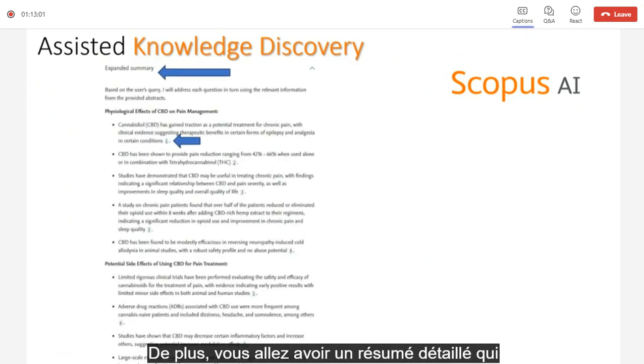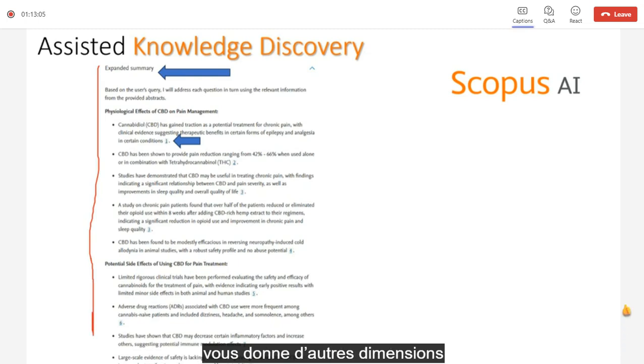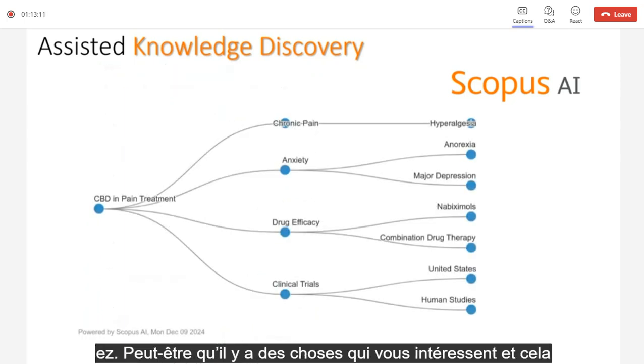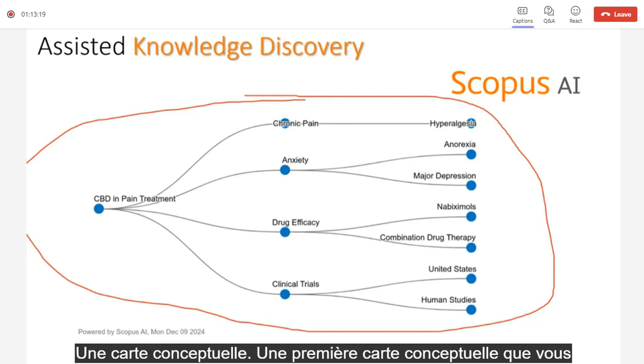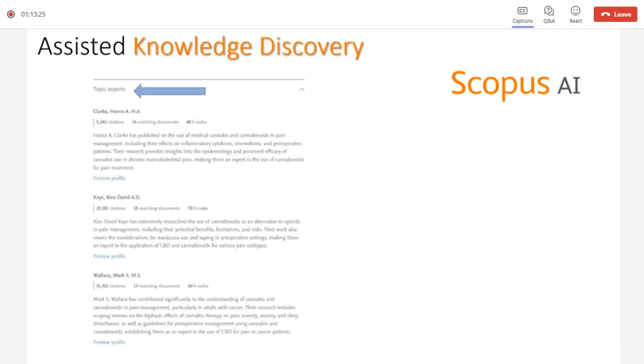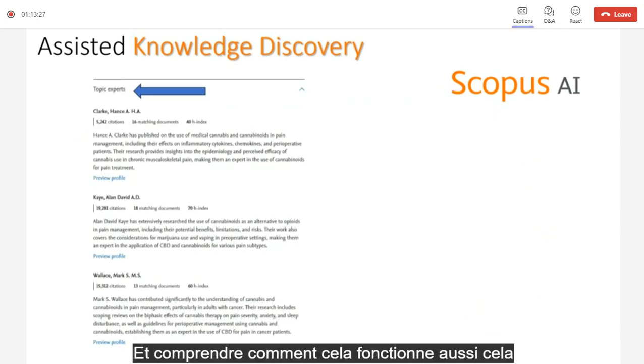Also, you're going to have an expanded summary that gives you other dimensions or views of the problem. Maybe there are things that are interesting for you. And this gives you an initial concept map that you should use if you want to increase your knowledge of the area and understand how this works.